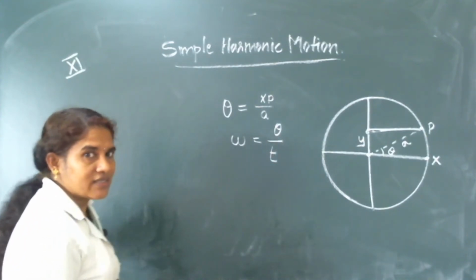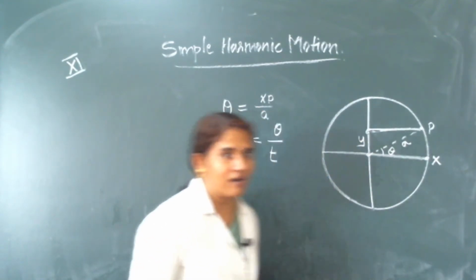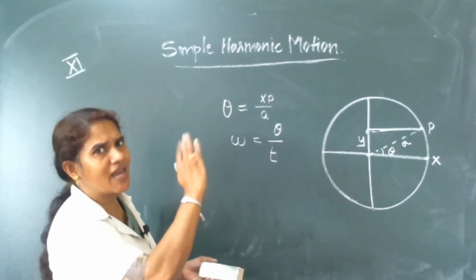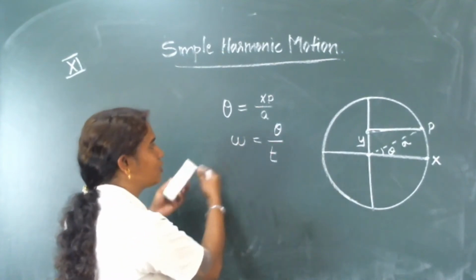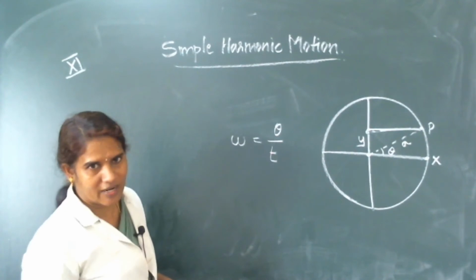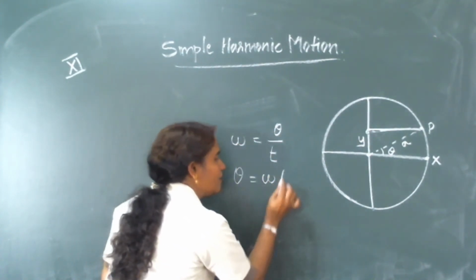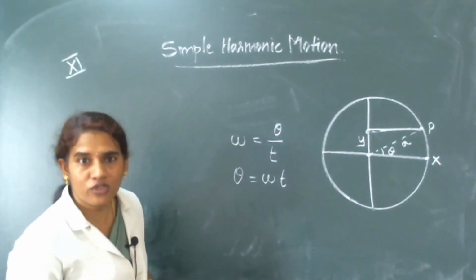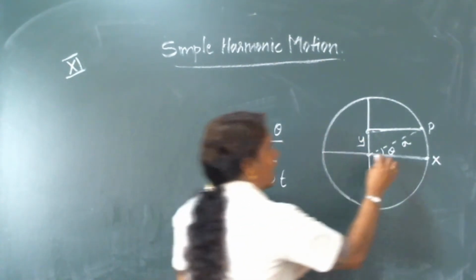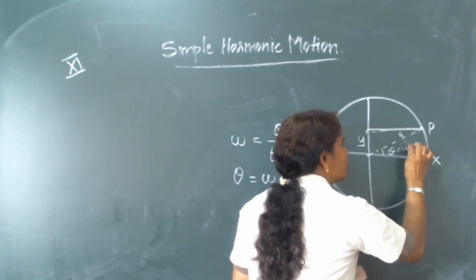In circular motion, we can write angular velocity omega. Comparing linear velocity and angular velocity, omega is equal to angular displacement by time taken, or theta, the angular displacement, can be written as omega into t.